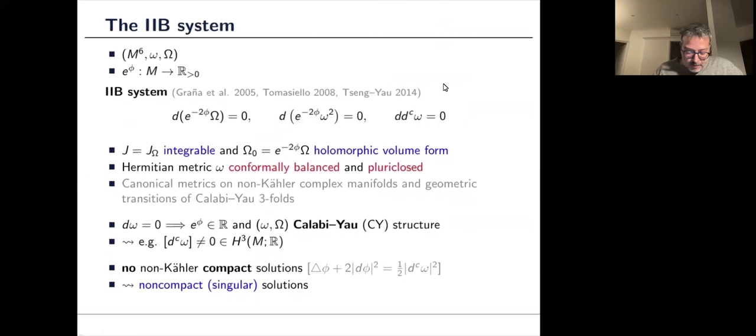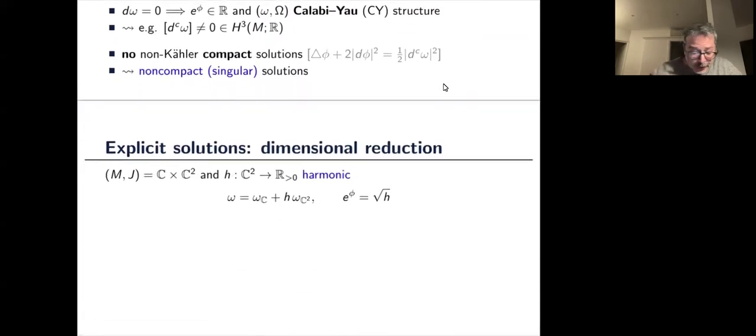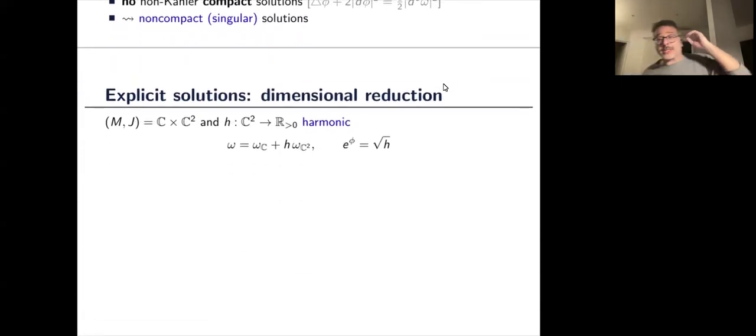Okay, so these are the equations that we want to solve, and let's look at what examples there are. I learned that there's actually a handful of examples sort of known in the physics literature, for sure.